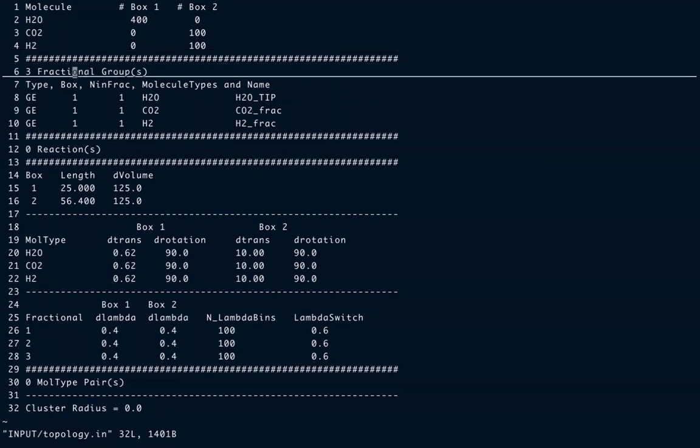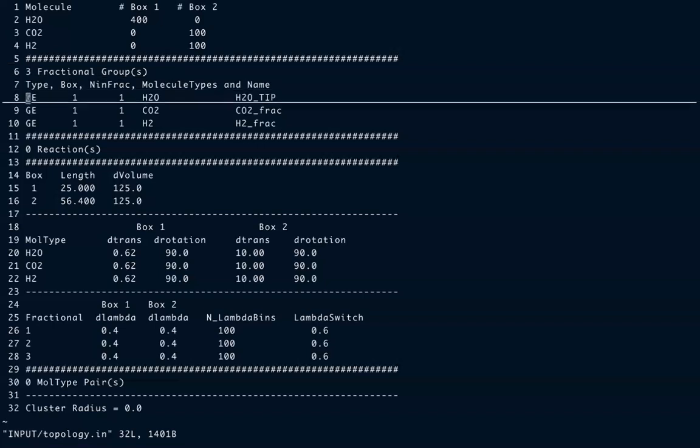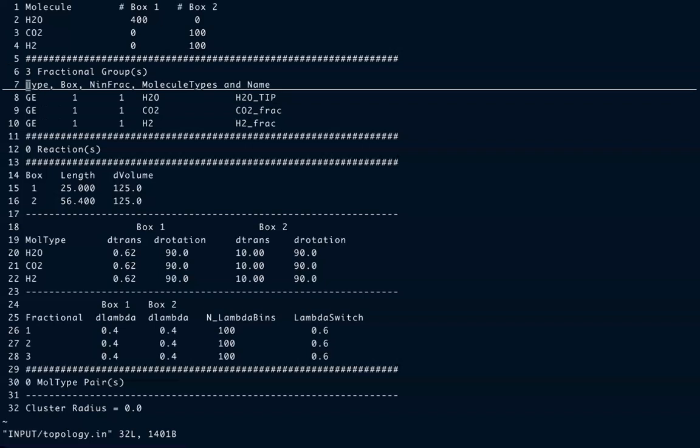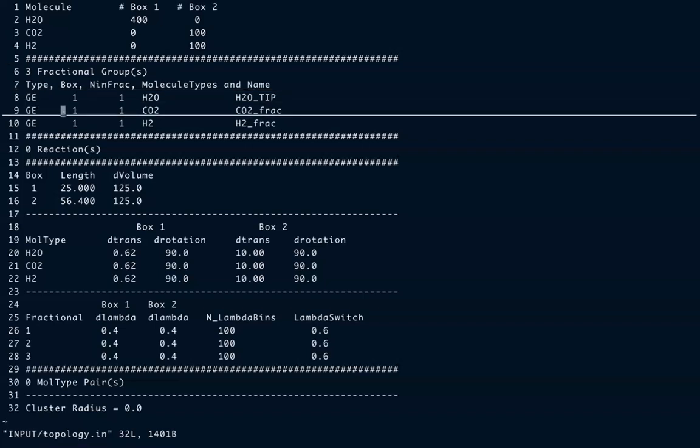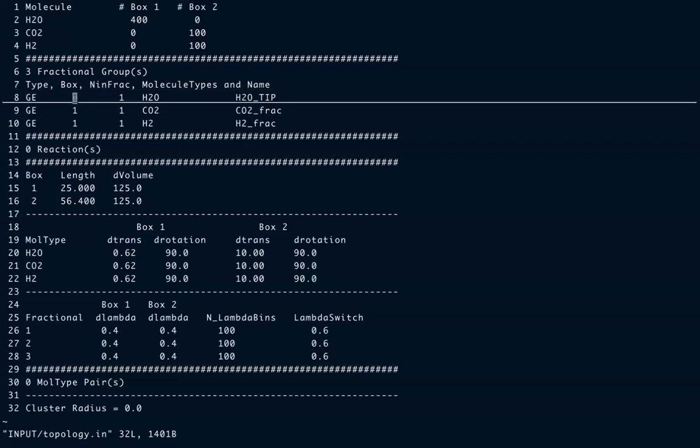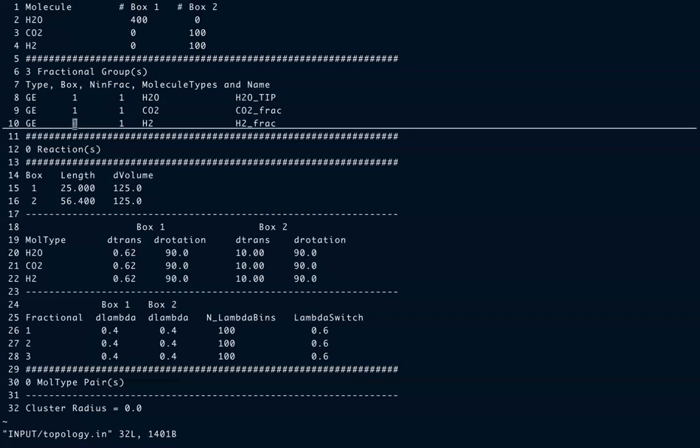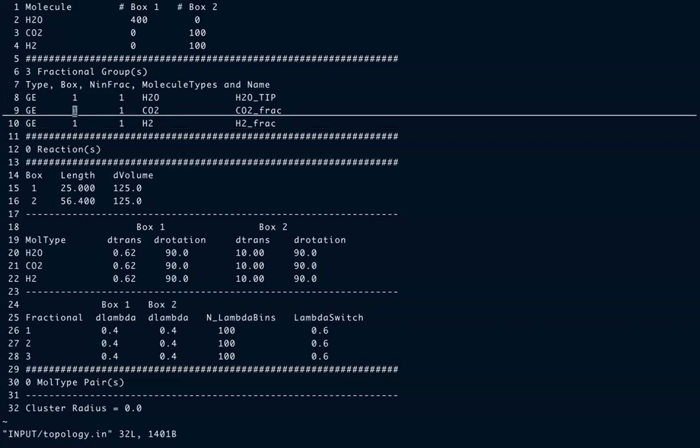Now, we have to specify the fractional molecules. We specify that it's a Gibbs ensemble simulation, the type. Then we initialize all of our fractional molecules in box 1, but this is purely a choice. You can do it in either of the boxes.